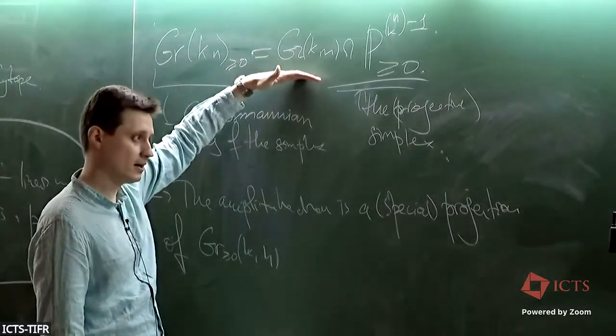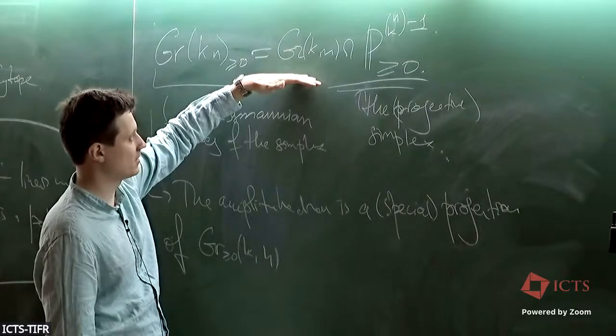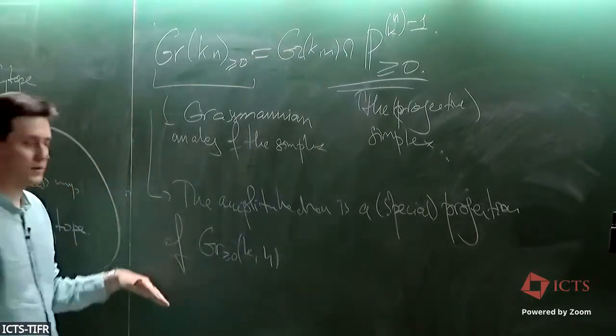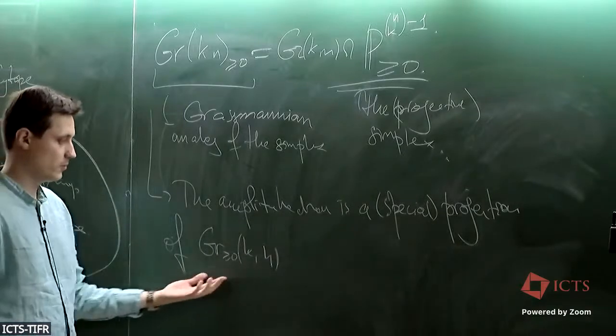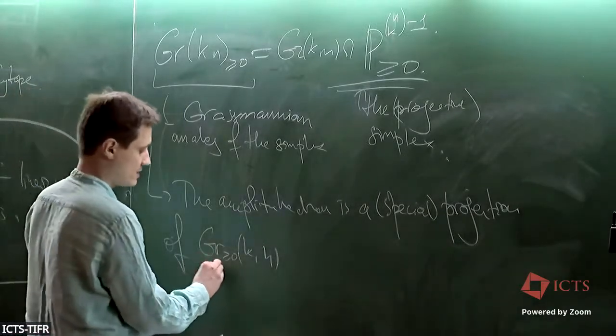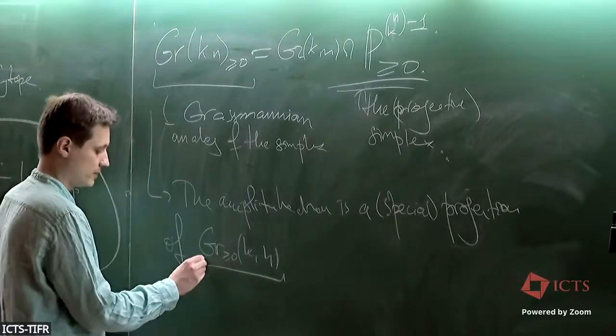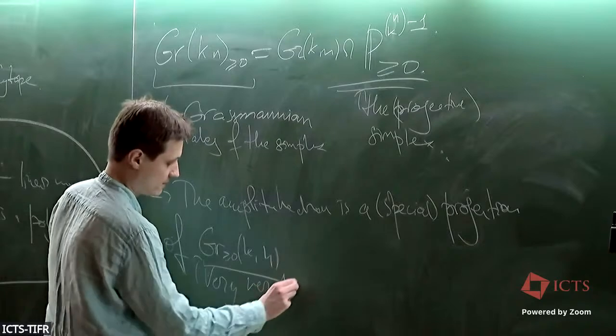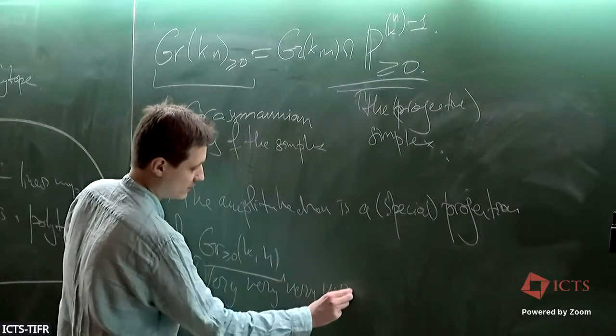But this is slightly harder to understand. This is something that I think is being studied right now. But this is mathematically nicer, because we also know a lot about the object that we start from. It's the simplest Grassmannian analog of the polytope, and this is very nice.